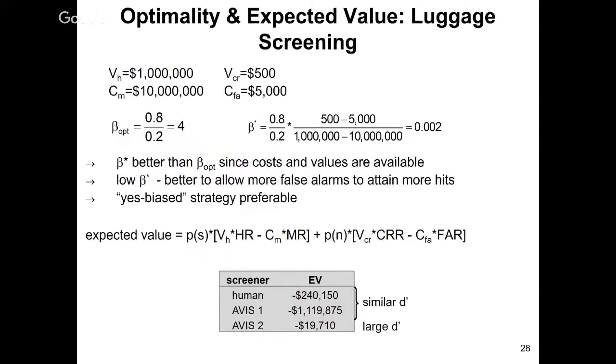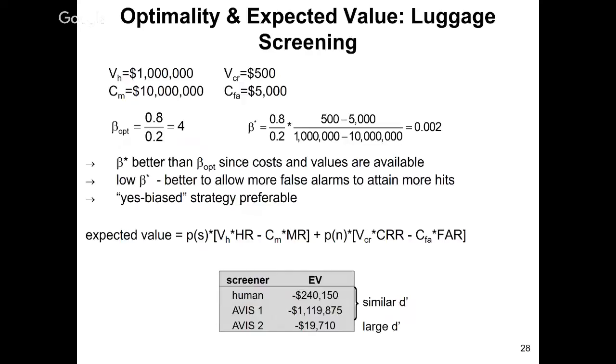So this is the equation for expected value. We take the probability of signal and include all these terms, which we were given. So if you were to do any of this, you'd be given the value terms.